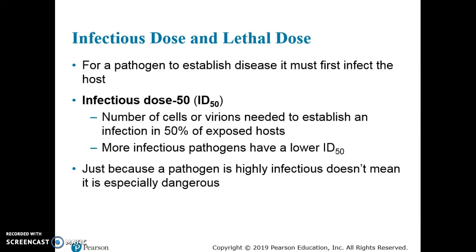Everyone's body is going to be a little different. Everyone's health is different. Everyone's immune response is different. So what is the dose that is always going to make 50% of those exposed sick?